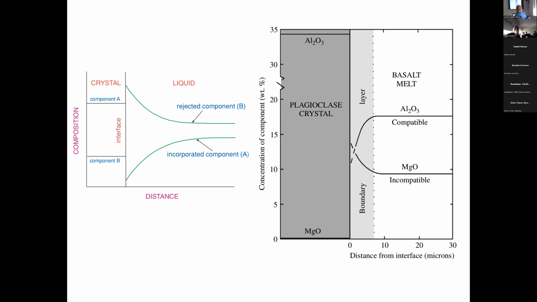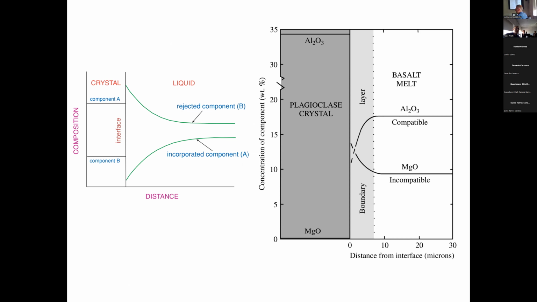Okay, and what is going to form basically? Here we have a real case where you have a plagioclase crystal with aluminum that is a compatible element, and magnesium that doesn't go into the structure. The aluminum will be depleted in the boundary layer, so that layer that is controlling the growth close to the interface of the crystal, and the magnesium will be enriched.